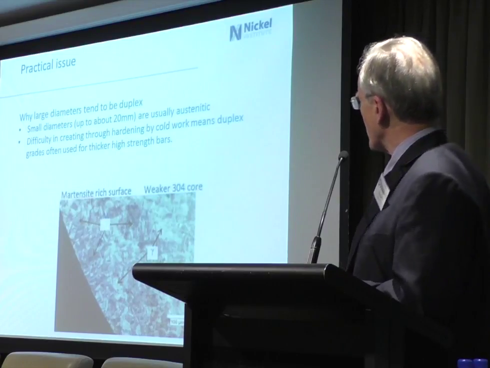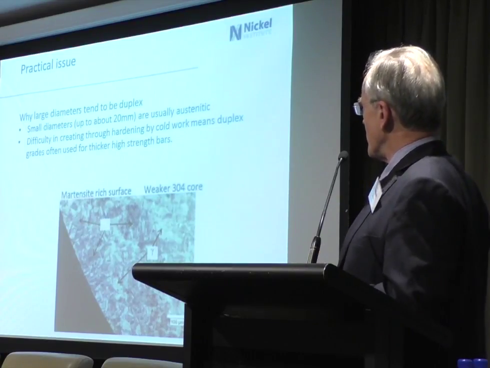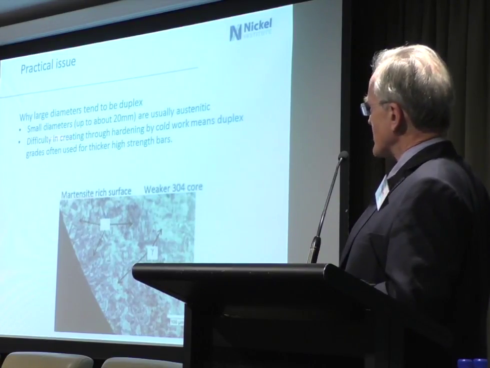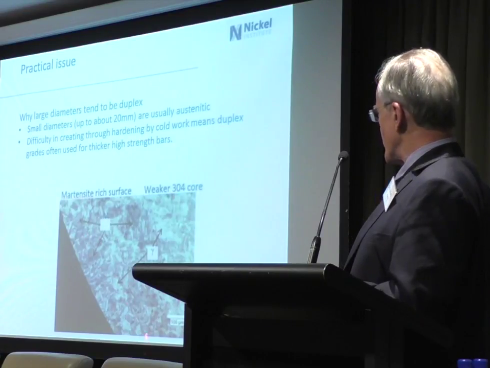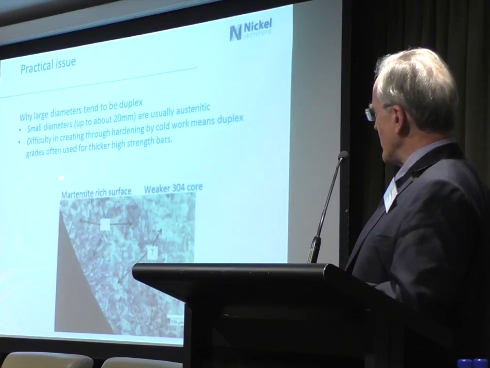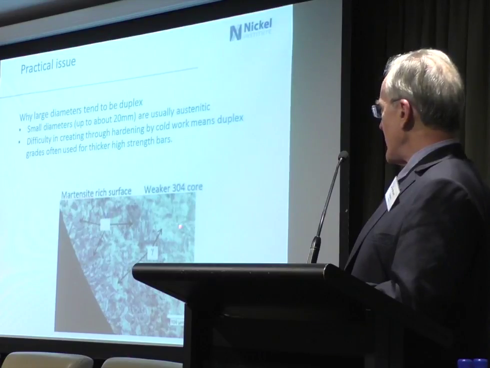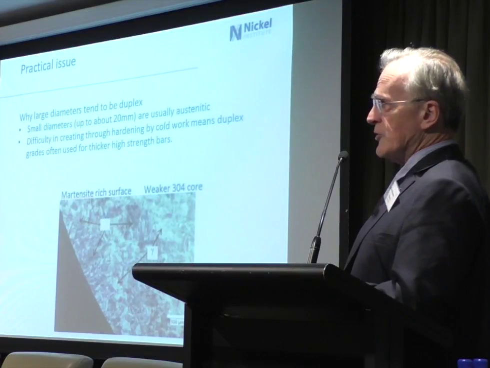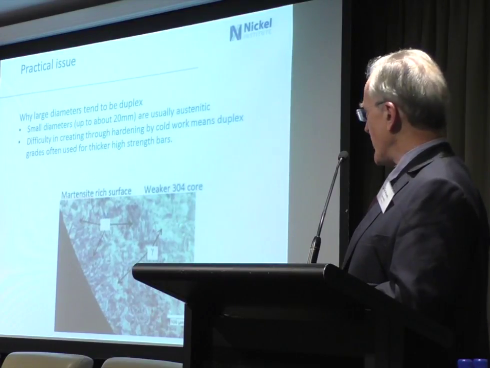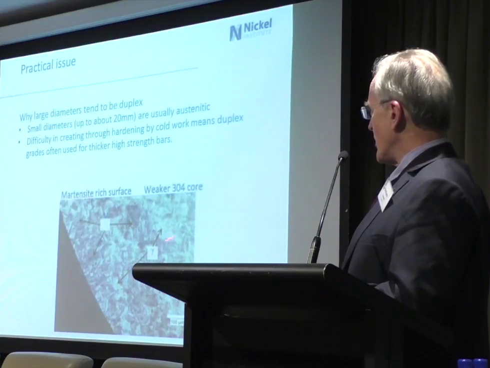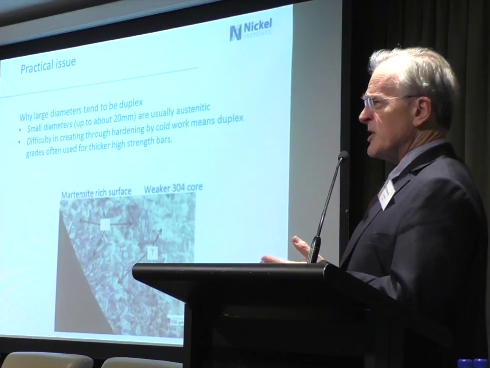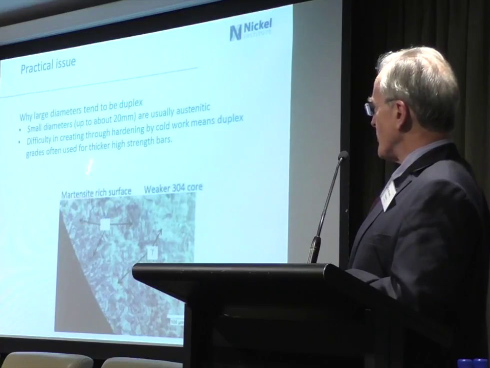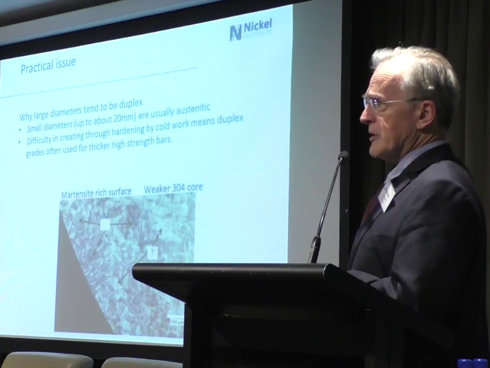I'm sorry, I'm not good at referencing stuff. It's in the paper. Large diameters tend to be duplex because if you've got an austenitic, you tend to get a martensite-rich surface, and underneath you don't do a terribly good job in strain hardening it. So by the time you get out to 20 millimetres-ish, it's easier to go to a duplex rather than to an austenitic.